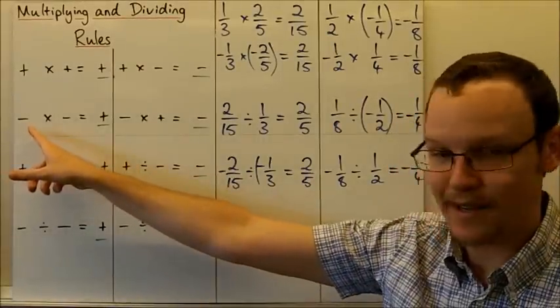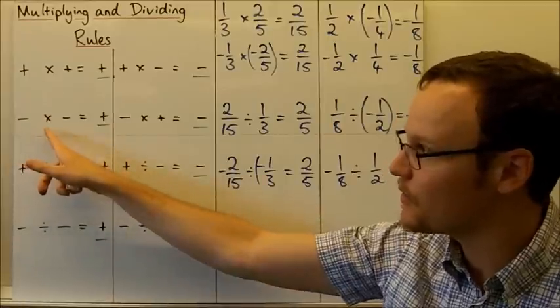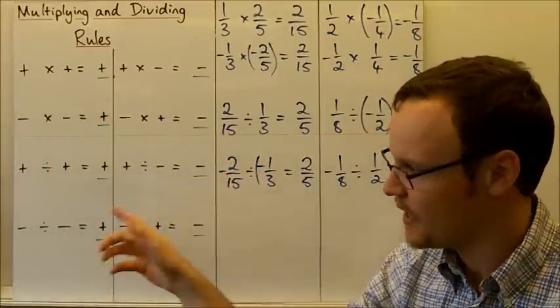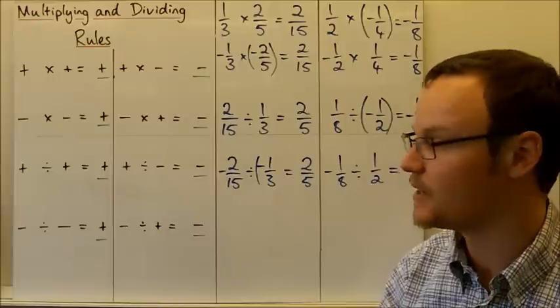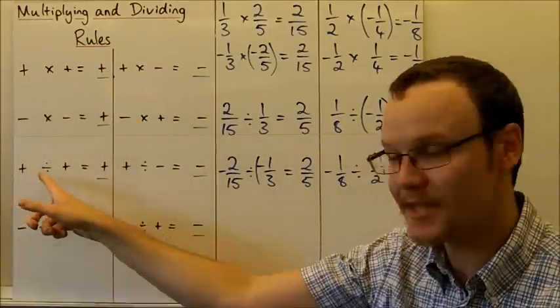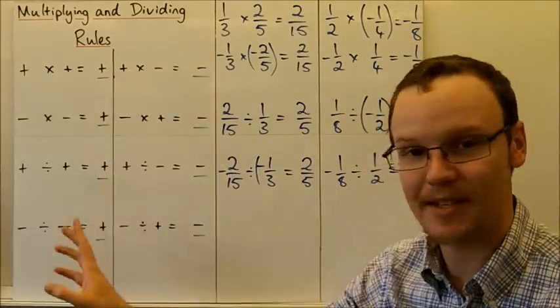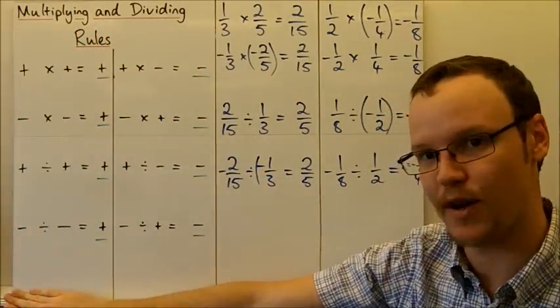Similarly, if we have two negatives, whether they're multiplying or dividing, a negative times a negative is a positive, and a negative divided by a negative is a positive as well. So each of these, if the symbol is the same, then it's going to be positive. This is with multiply or divide.